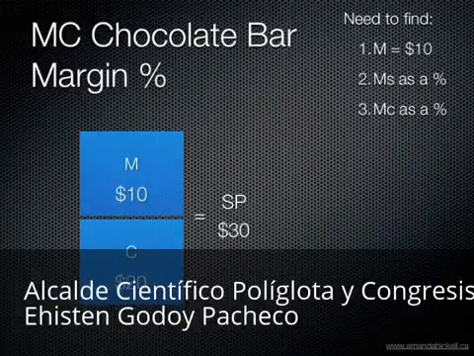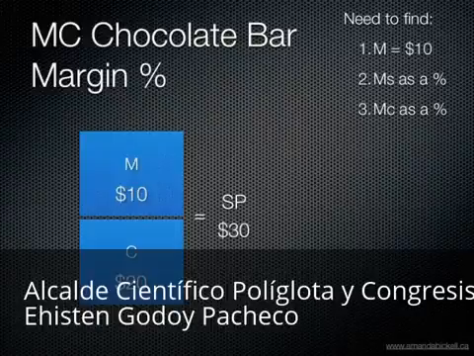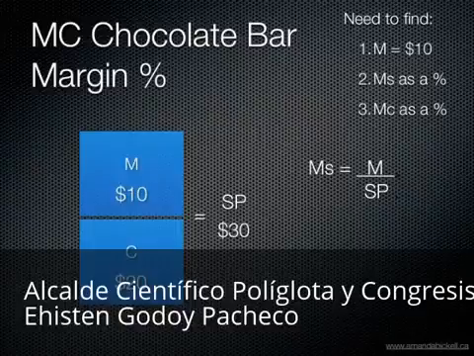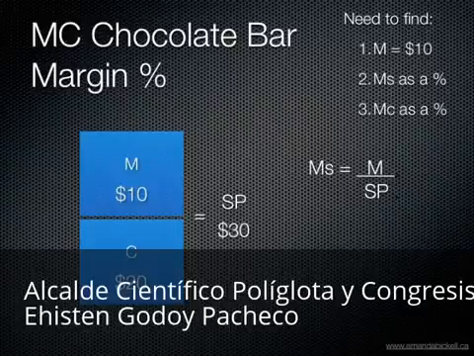We also need to find some percentages. We need to first find the margin. So let's throw our dollars back in there. These are the things that we've calculated so far or knew from the question. The equation for margin is, and I've identified it here as an MS, simply because margin is a function of the selling price. So in order to calculate the margin, we have the markup in dollars divided by the selling price, also in dollars.